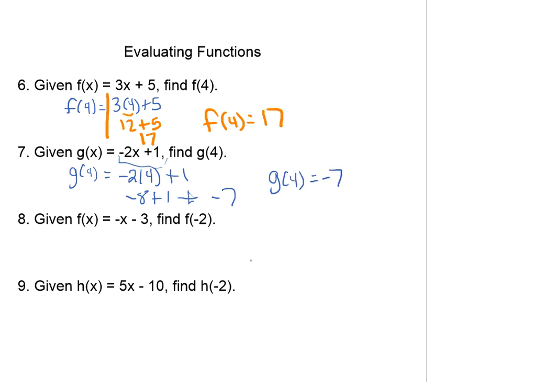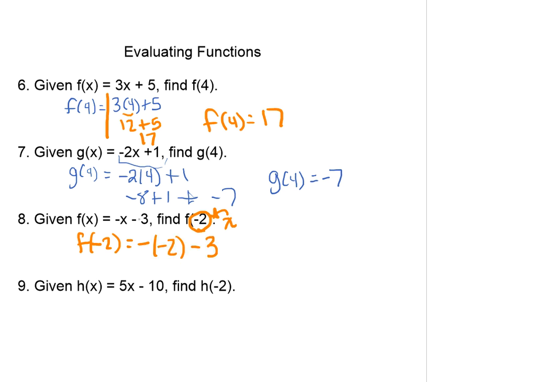All right, let's try one more example, and I'm going to have you do 9 on your own. We're going to take -2, and we're going to plug it in for x. So we have f of -2 equals negative, from the problem, parentheses -2 for my x, minus 3.